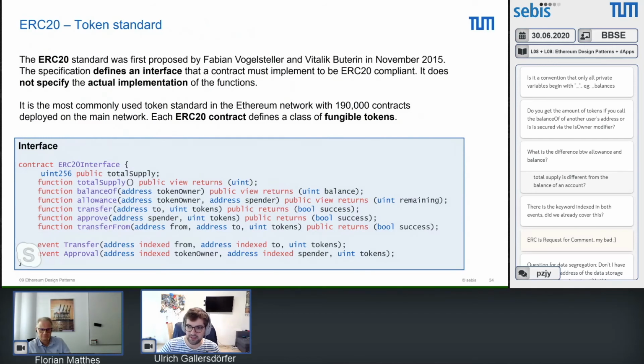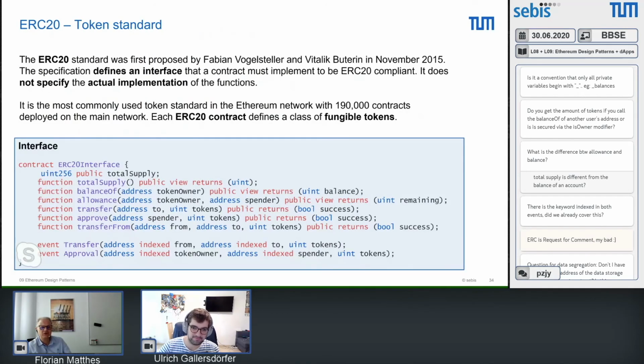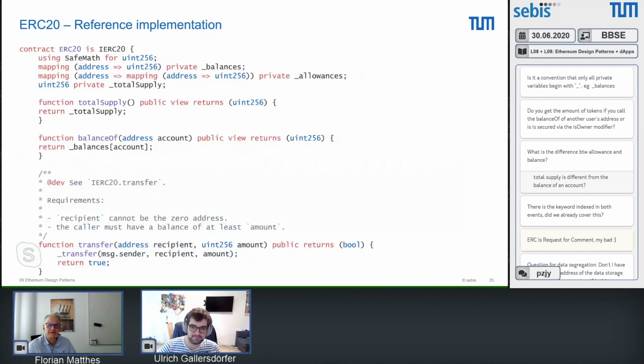Is it a convention that all private variables begin with an underscore, for example, the balances, or how would you call that? So the idea is, it's a matter of taste, I think. To my understanding, but I'm not the super duper expert, I don't think that this has any effect. Maybe some linters would check it.